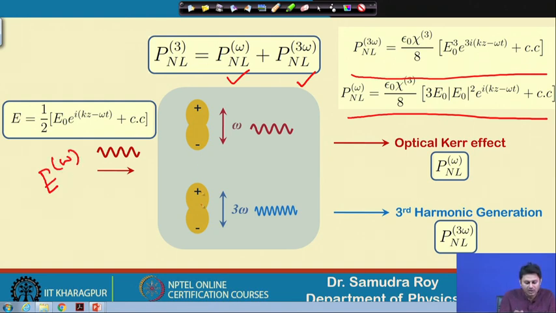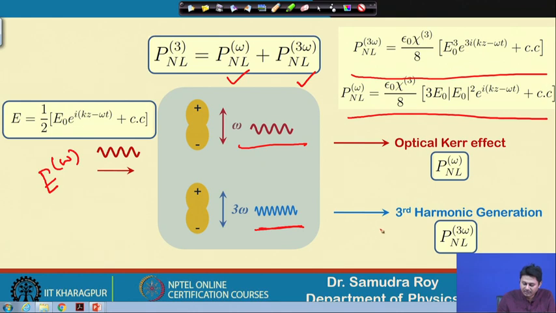So, dipoles are now vibrating at two different frequencies, because two polarizations are involved. The polarization having frequency omega leads to a vibration of the dipole at the fundamental frequency omega, and the dipole can also vibrate because of the nonlinear polarization term containing 3 omega frequency, and it will give rise to a field of 3 omega frequency.